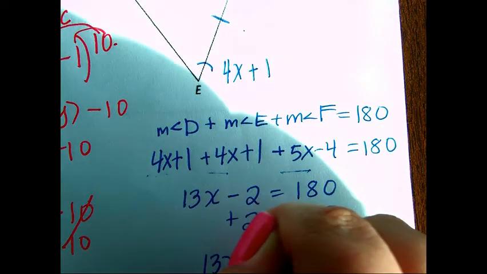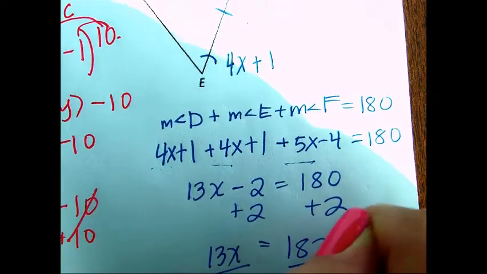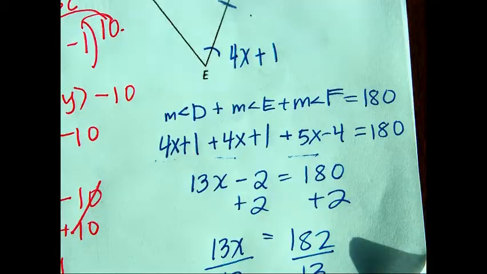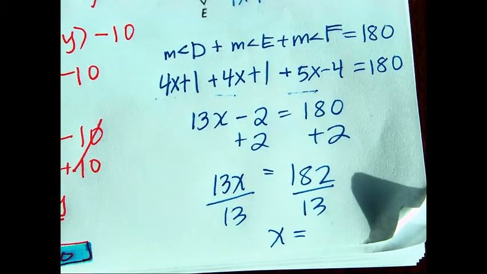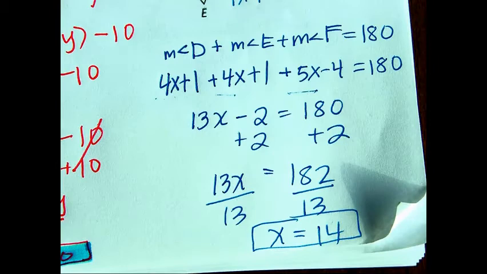We get 13x equals 182, and then divide by 13. 182 divided by 13 is 14. So x is 14 here.